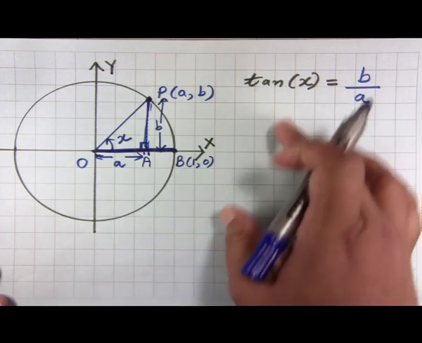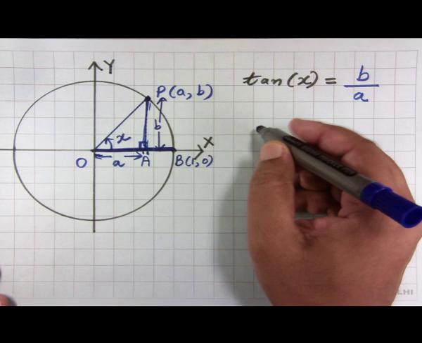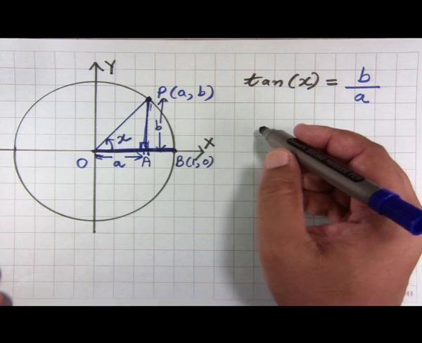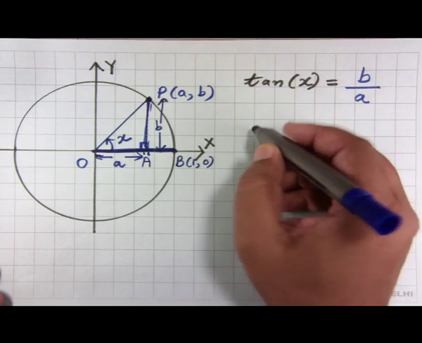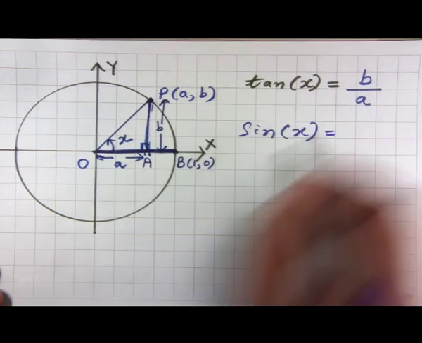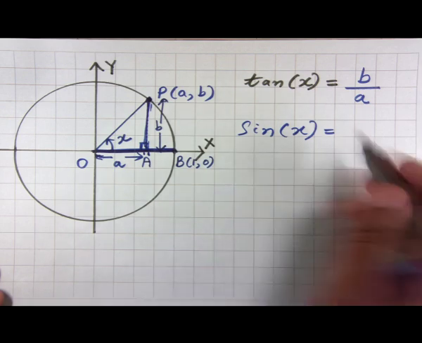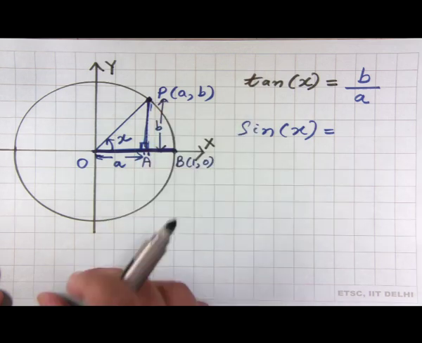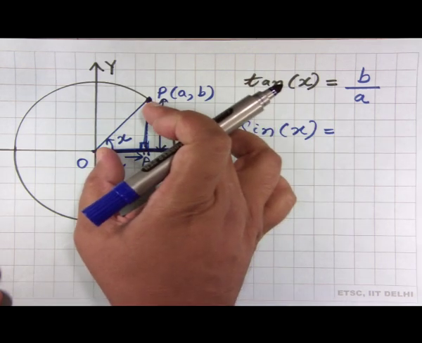And if you try to see further in lecture 1, we had defined sine of x as the length of the opposite side divided by the length of the hypotenuse.